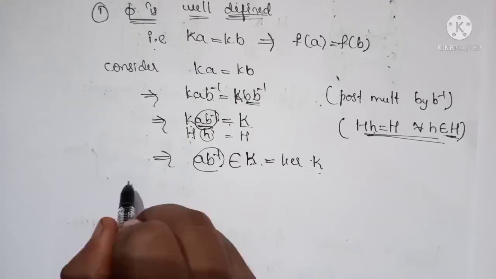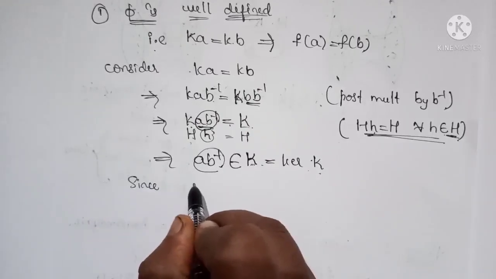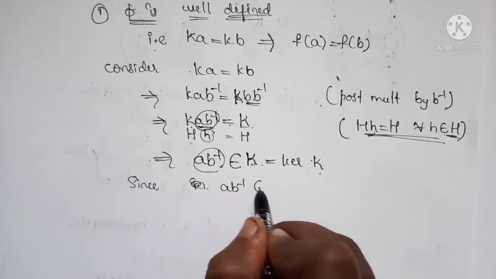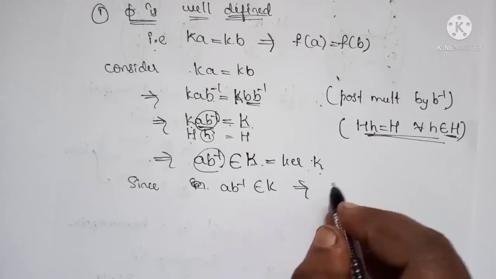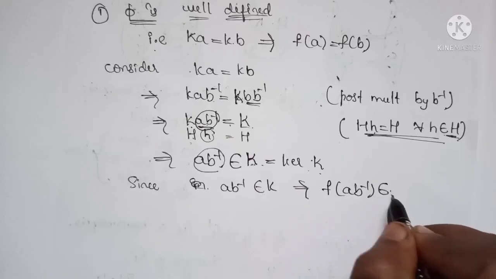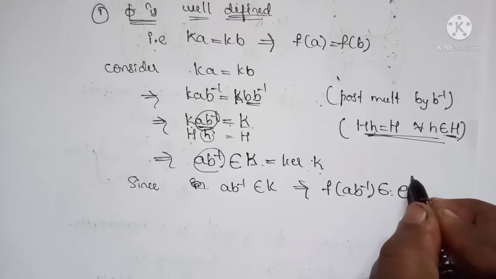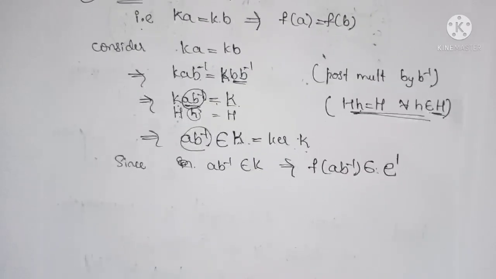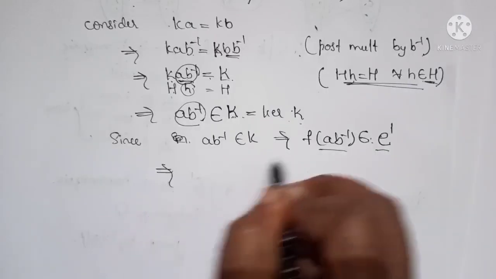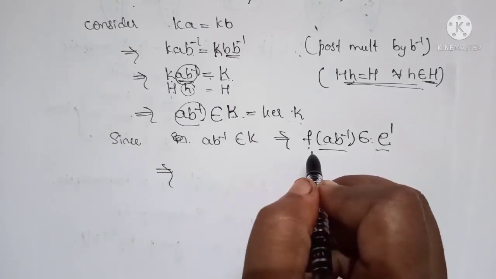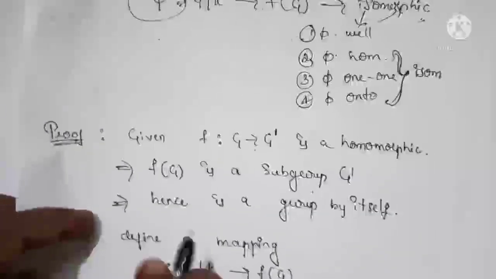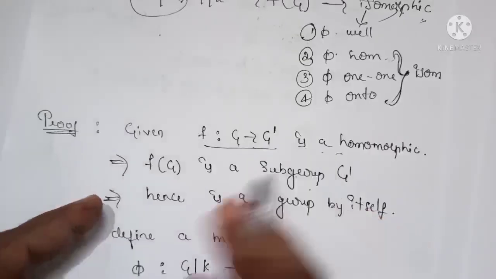Since this A B inverse belongs to kernel K, we can say that its image, f of A B inverse, maps to the identity element of G dash, that is E dash. Also we know that f is a homomorphism, it is the given condition: f from G to G dash is homomorphic.